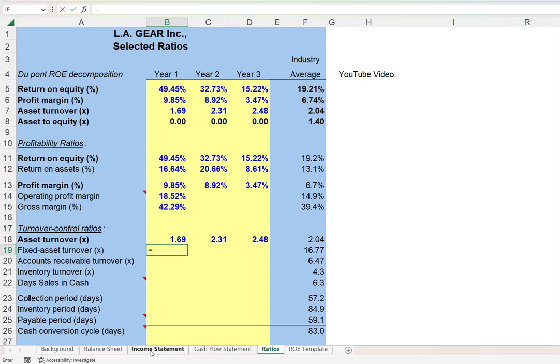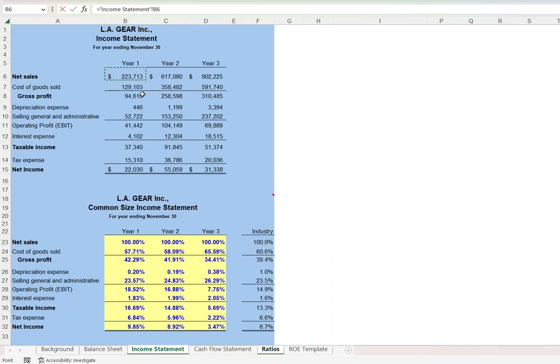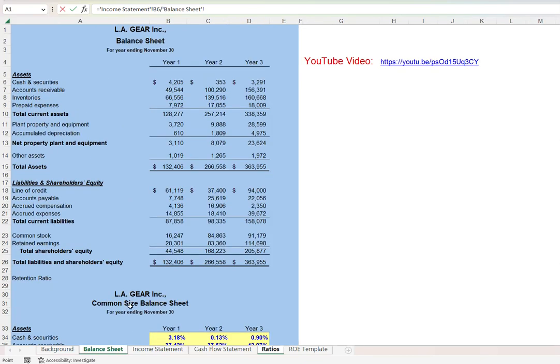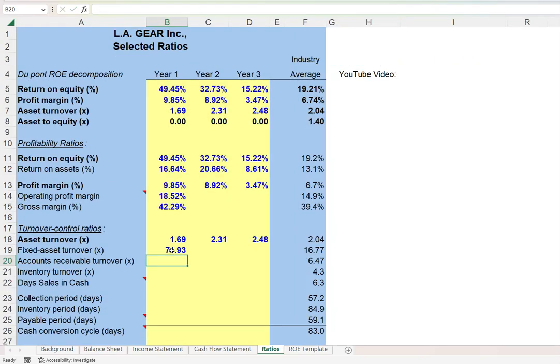Sales on our income statement, year 1, $223,000, divided by net fixed assets for year 1 of $3,110. And you can see we are generating basically $71 or $72 in sales for every dollar we had tied up in fixed assets in year 1. And that has decreased to $38 in sales. So we've become somewhat less efficient.